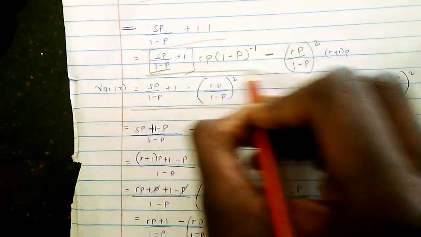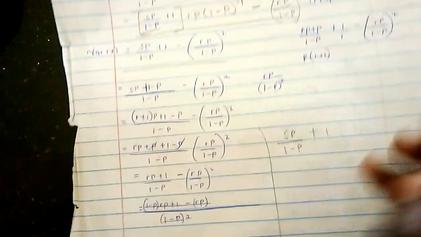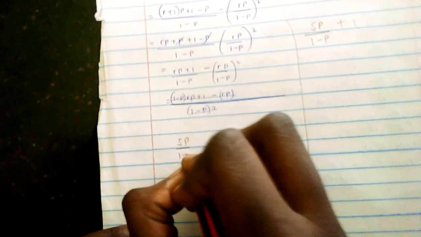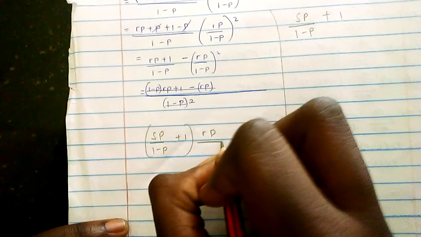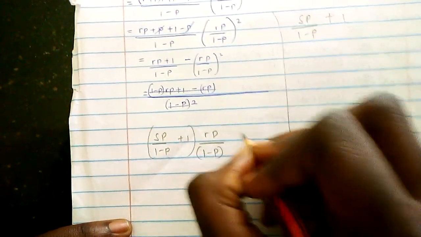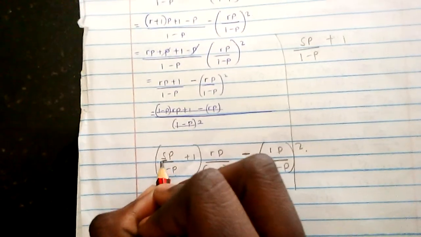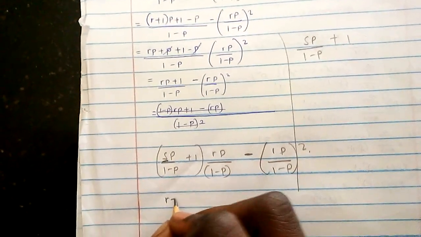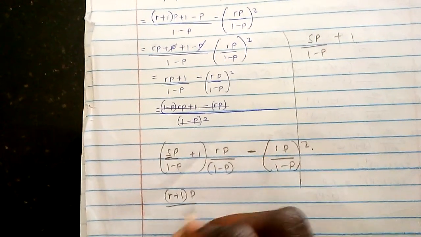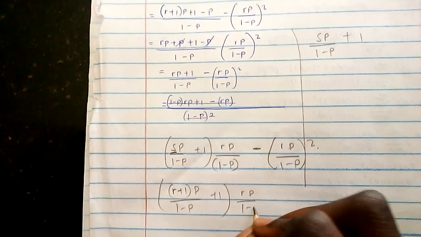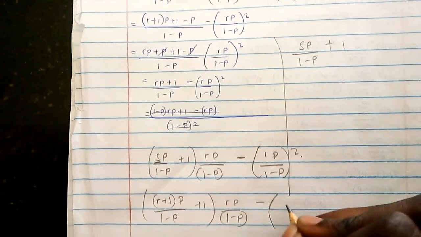When you work this out, sp out of 1 minus p plus 1 times rp into 1 minus p minus rp out of 1 minus p squared. Here you have to replace this s. Don't forget to replace the s with r plus 1. So p out of 1 minus p plus 1, times rp out of 1 minus p, minus this.